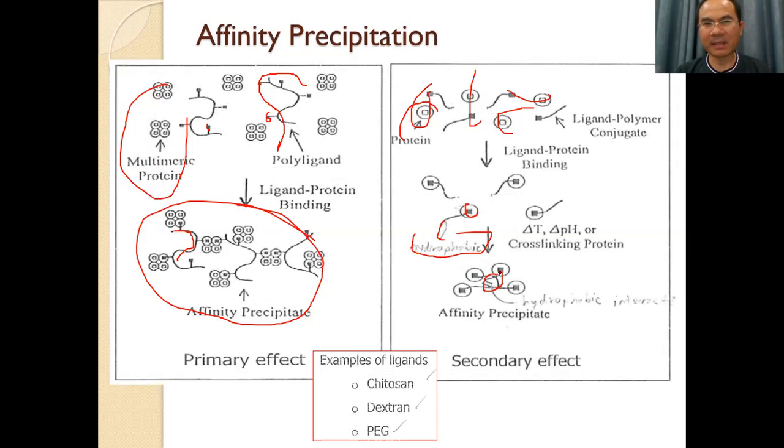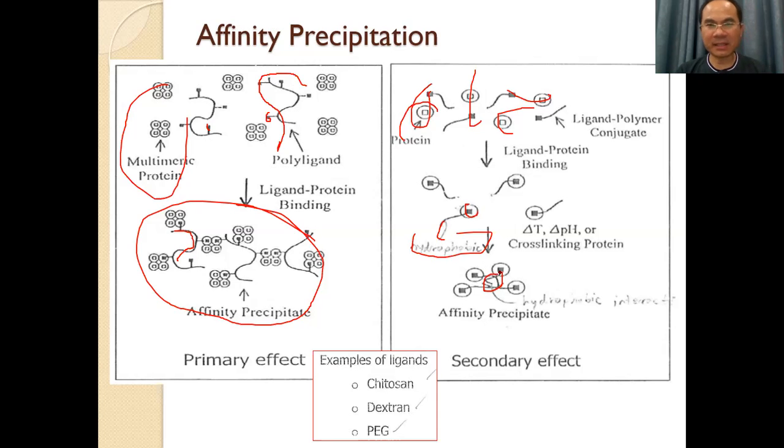We can precipitate with a precipitating agent like salt, non-ionic polymer, ionic polymer, or affinity precipitation. And we can also use the pI.